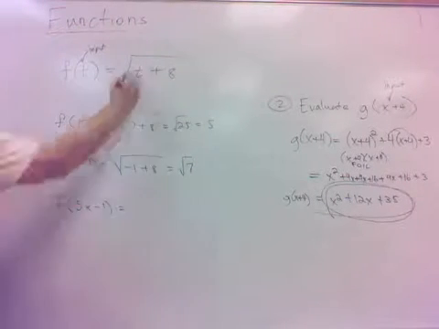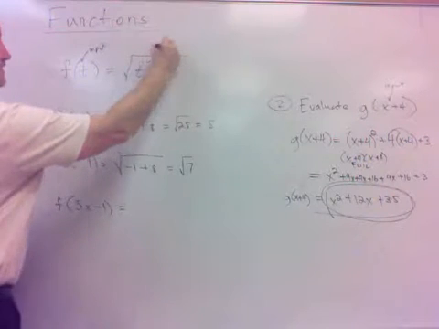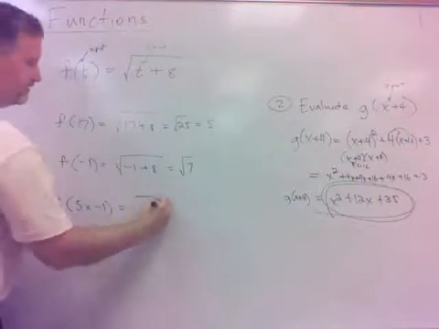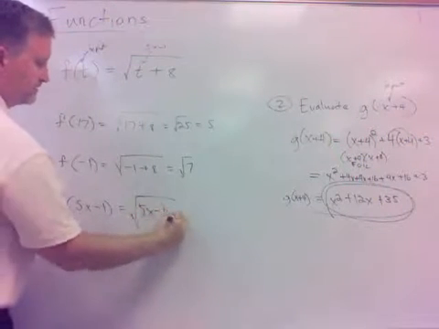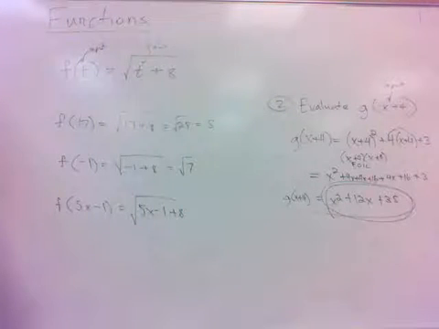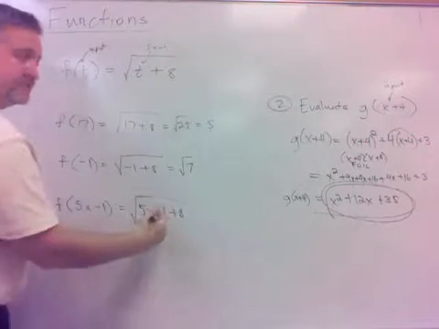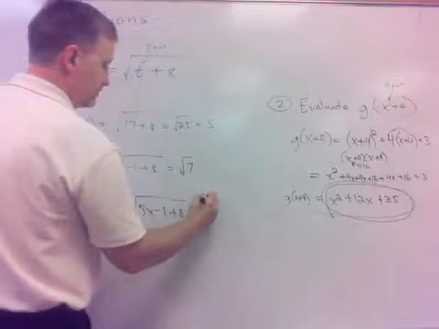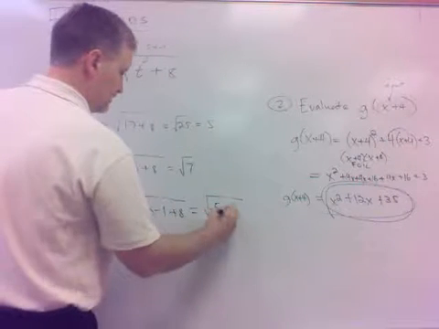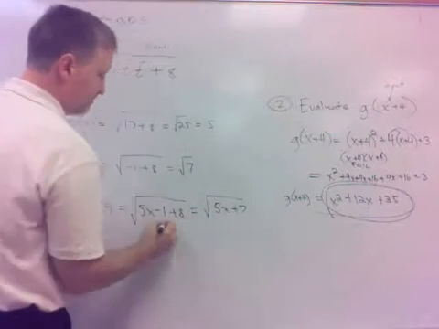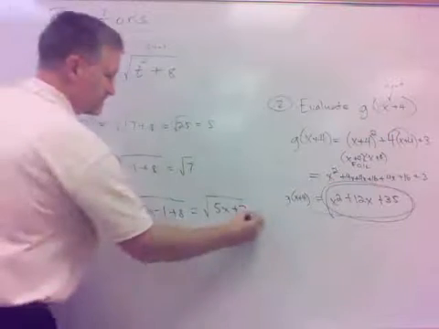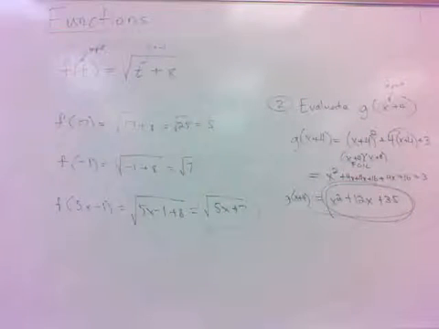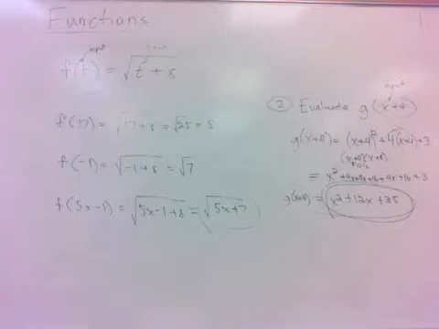Well, that would be inputting 5x minus 1 in place of the t, so that would be the square root of 5x minus 1 plus 8, right? What can I do with that? Pretty much just combine like terms there, just minus 1 plus the 8, so square root of 5x plus 7 is what I would get there for input value 5x minus 1. With me on that? Any question or concern?